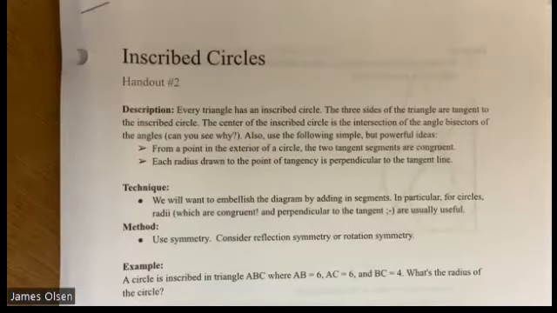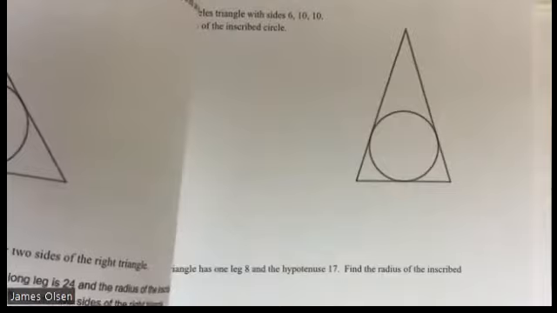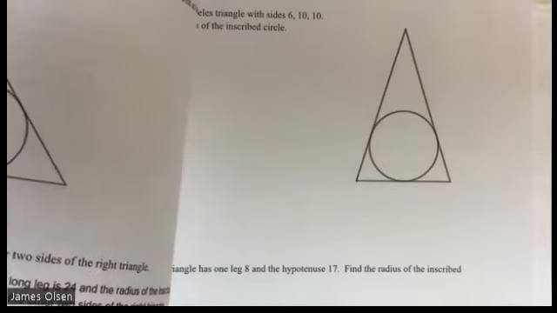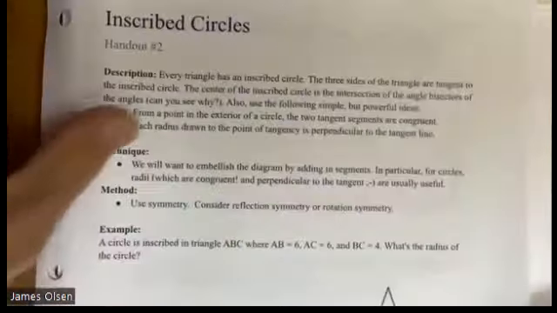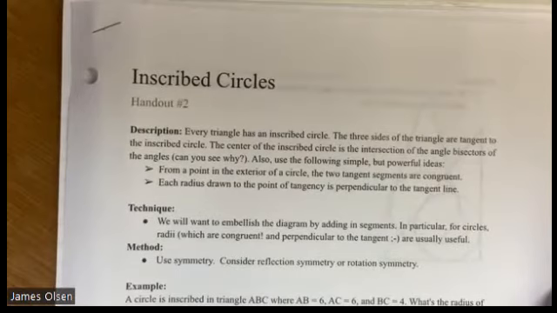Okay. So every triangle has an inscribed circle, and here's an example of an inscribed circle. The three sides of the triangle are tangent to the inscribed circle.